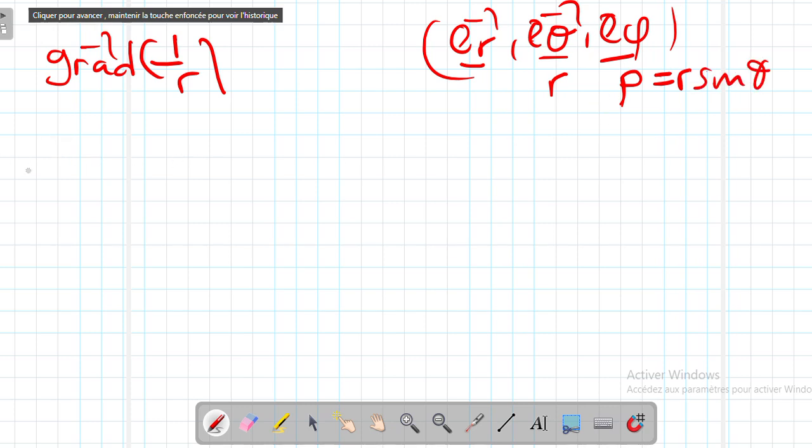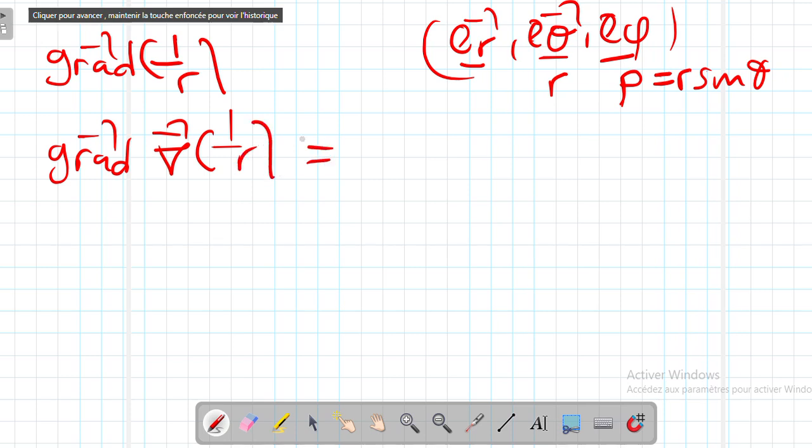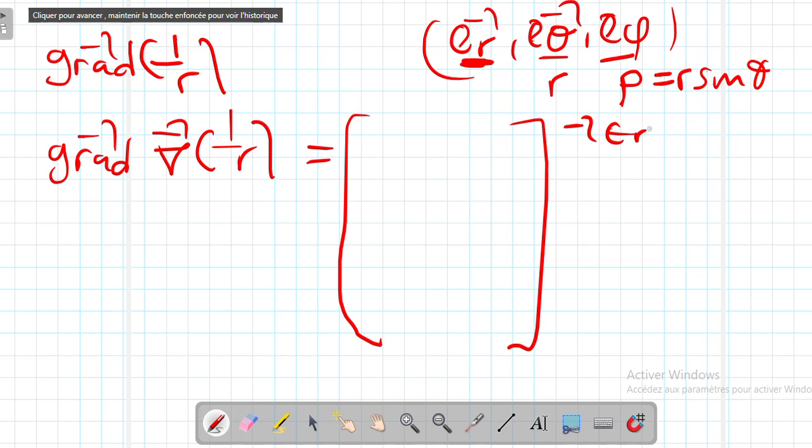So what is nabla? The general formula of the gradient is nabla of the function. Our function is 1 over r. Now, what is nabla in the spherical coordinate system? You look at the first component, er. What will the first component have?